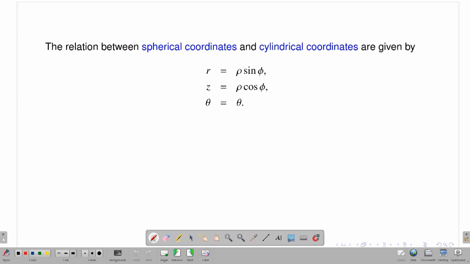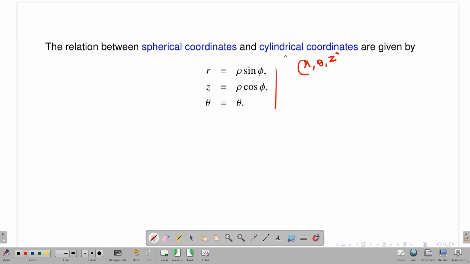For example, the relation between the spherical coordinates and the cylindrical coordinates is given by r equal to rho sin phi, z equal to rho cos phi, and theta equal to theta. So spherical coordinates are rho, phi, theta, and cylindrical coordinates are r, theta, z.